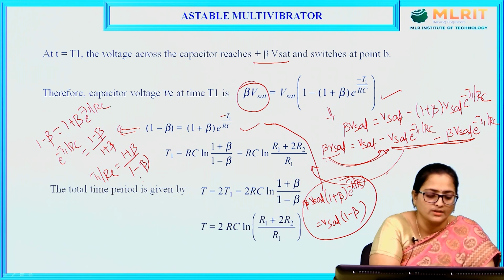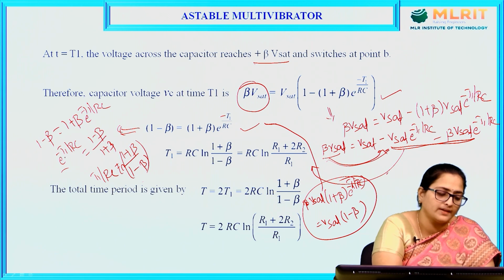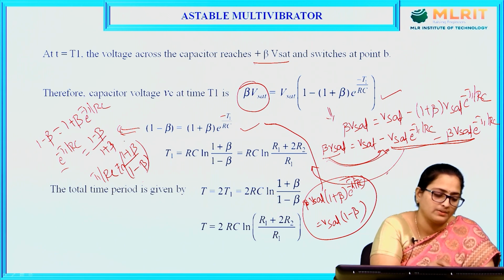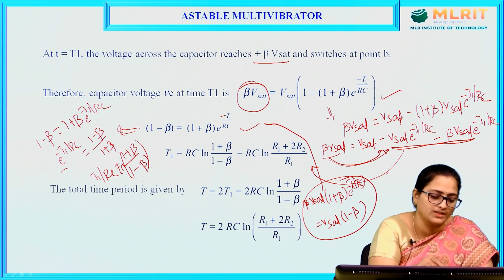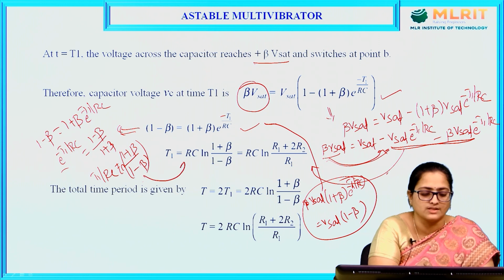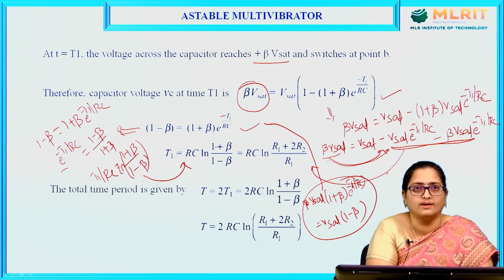Taking the log of e power minus T1 by RC equal to 1 minus beta by 1 plus beta, the e power becomes logarithm, and the minus I have taken, so I have written 1 plus beta by 1 minus beta. So, you can write T1 is equal to RC into log of 1 plus beta by 1 minus beta.